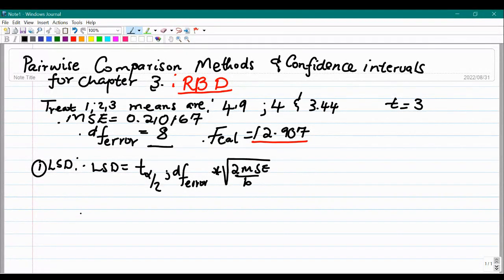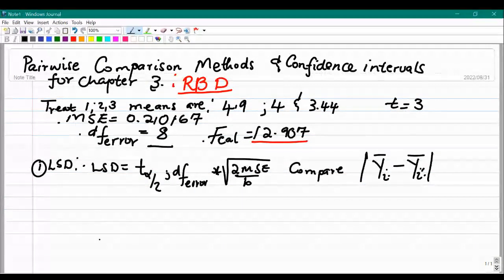And then you are going to compare this with y bar i dot minus y bar i prime dot. I say i prime dot because I'm indicating that the other mean is not the same as the first mean. So you are comparing two means there.